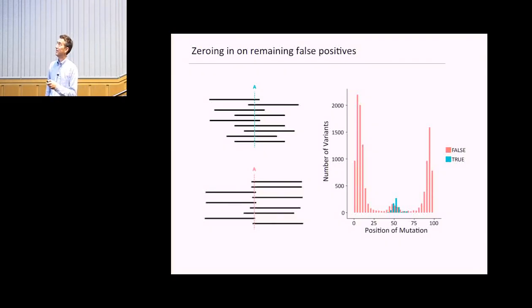And basically, the false positives are shown here, and they tend to be towards the end of the read, even with a good quality score. So your quality score is greater than 30, but they're on the end of the read, and they're false positives. Whereas for the true positives, the average read position of that mutation is in the middle. And so we can just apply that simple cutoff to get rid of a lot of false positives. So that's just one example of how we zeroed in on which things are true and which things are false and how to filter them out. And it's all empiric.